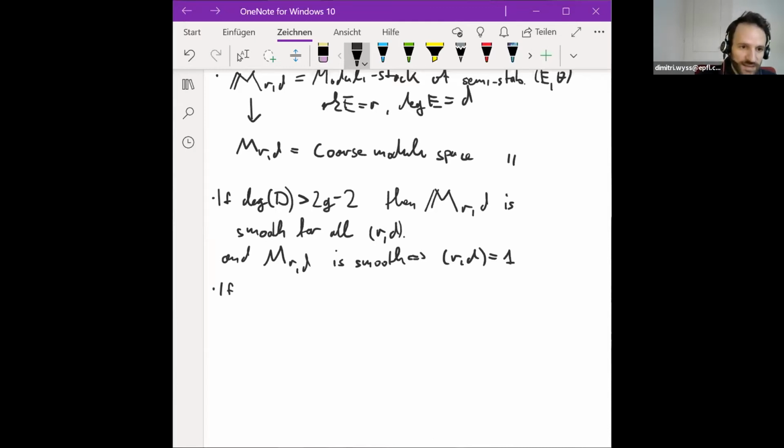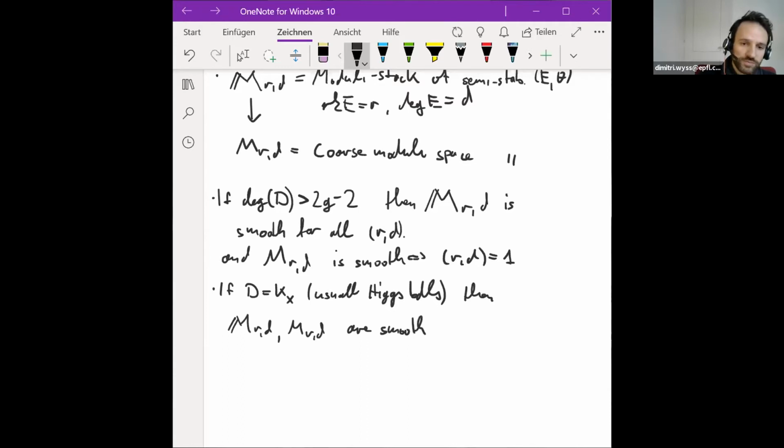And the second case, if D is the canonical bundle of the curve, so somehow these are the usual Higgs bundles. Then the stack and the coarse space are both only smooth if R and D are coprime.